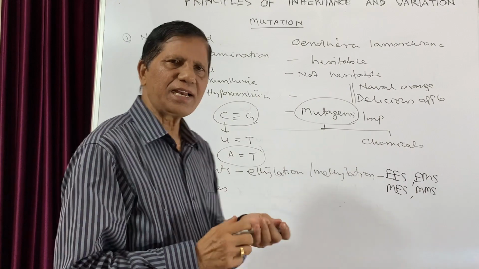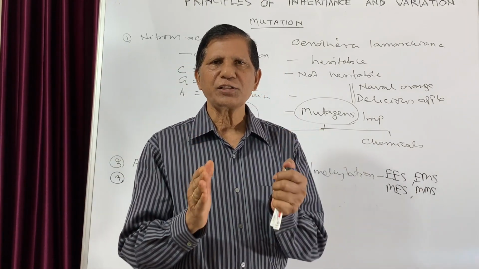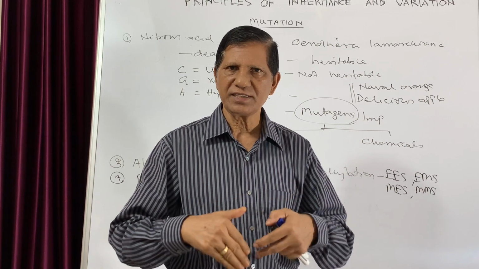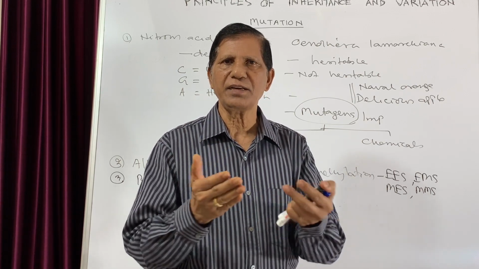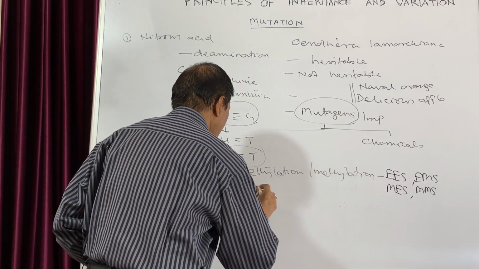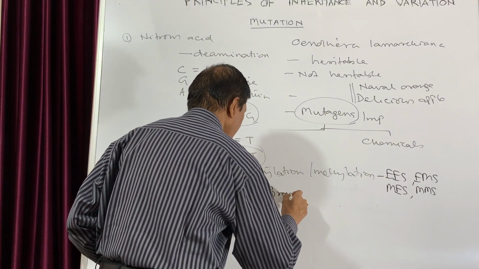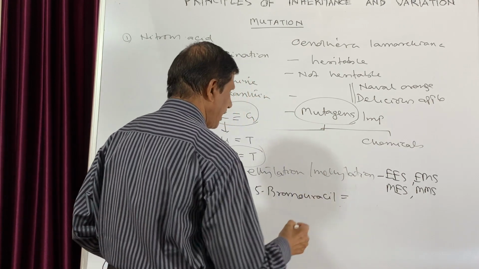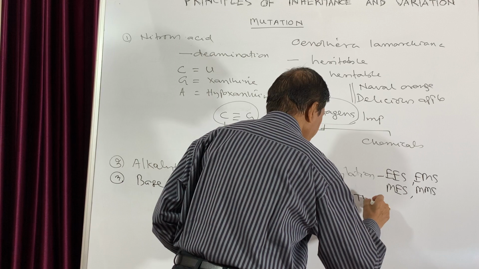Then the third one is base analogues. So what are the base analogues? Base analogues means there are some substances inside the cell which are similar in their structure to that of the nitrogen bases. And one such example is 5-bromouracil, which is structurally similar to that of thymine.